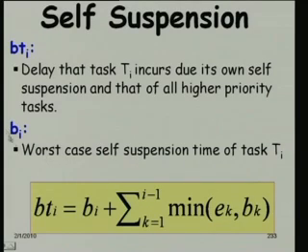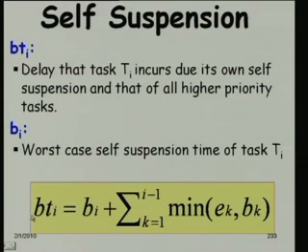So, Bi is the self suspension time of the task Ti, and Bti is the delay that the task incurs due to its own self suspension, which should include Bi, and also the effect due to the self suspension of all higher priority tasks. Right, we are implicitly assuming here that the tasks are arranged in order of their periods.